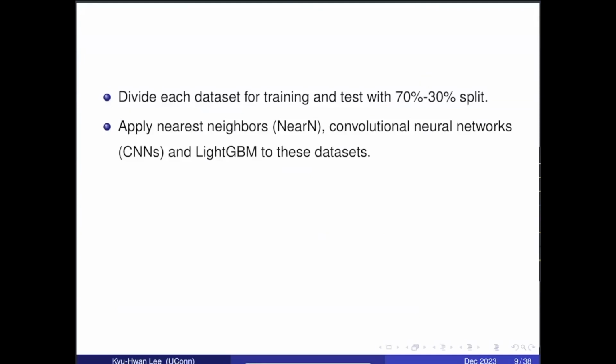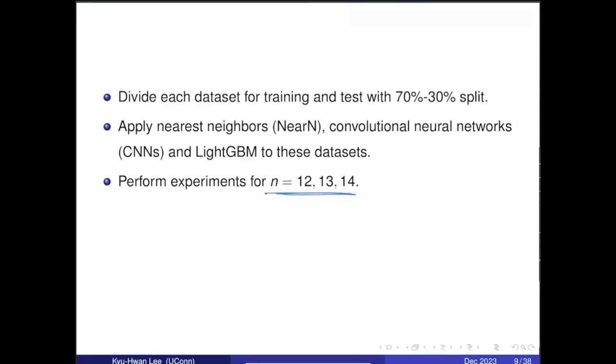Then we apply nearest neighbors, a convolutional neural network, and LightGBM. LightGBM is based on the decision tree algorithm. We perform experiments for n equal to 12, 13, and 14.